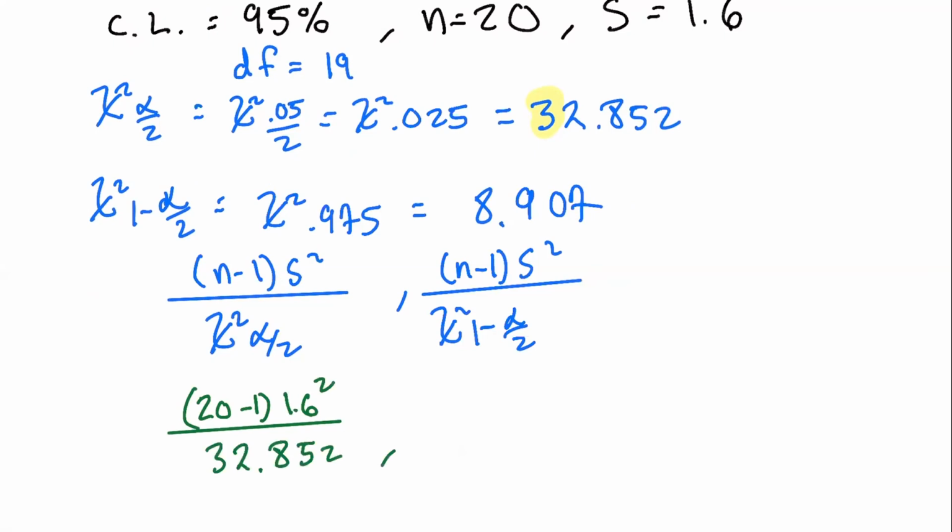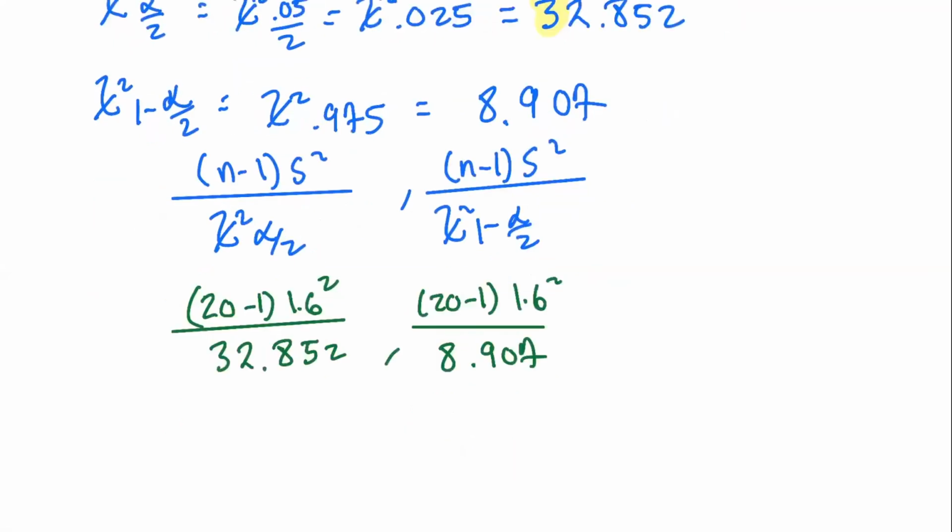For the upper bound, we'll do 20 minus 1, 1.6 squared, all divided by 8.907. So remember, once I calculate this, this will give me the confidence interval for variance. If I want the confidence interval for standard deviation, you do have to take the square root of this answer. Any questions so far for what I have in green?